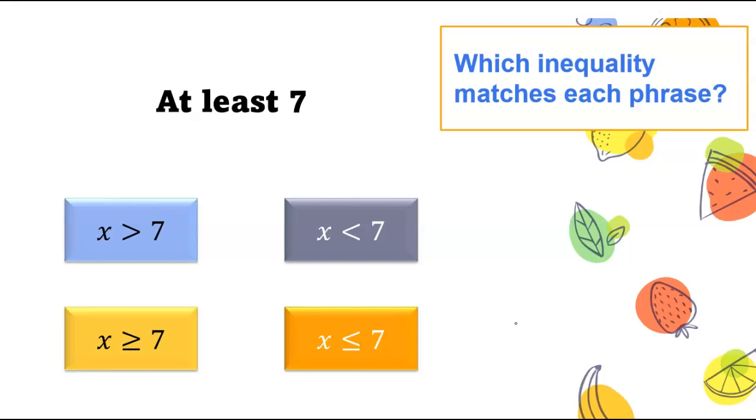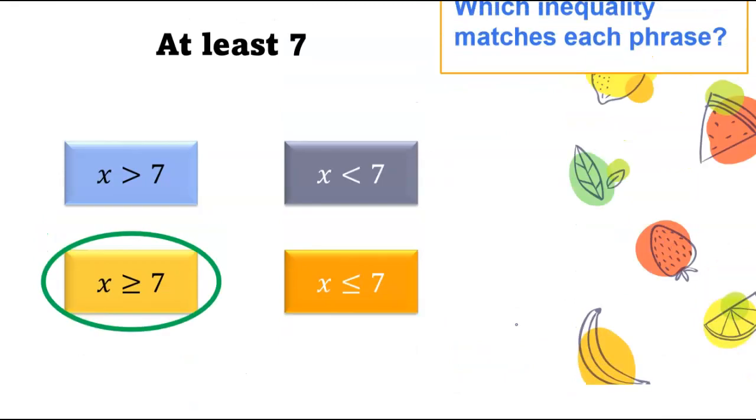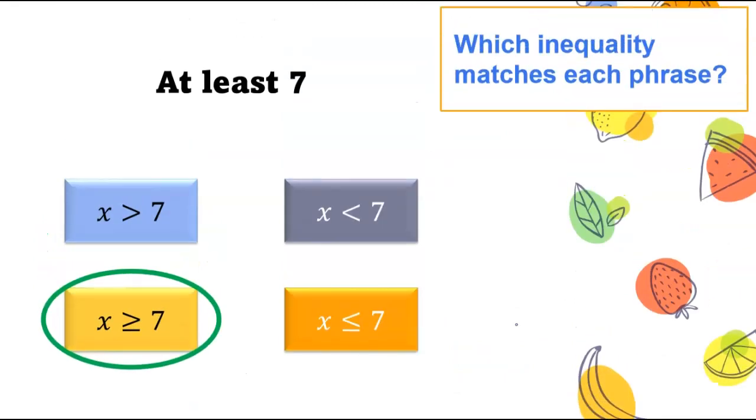Okay, how about at least 7? Think, is 7 the small term or the big term when we say at least? And then think, do we include it? Seven is the small term. So we say 7 is at least 7. That makes sense. We can also think about larger numbers.